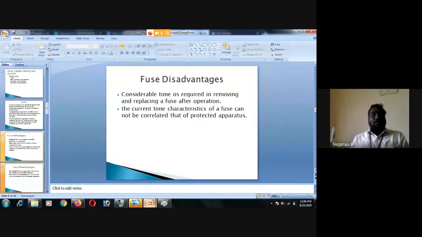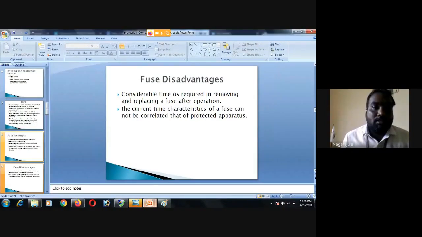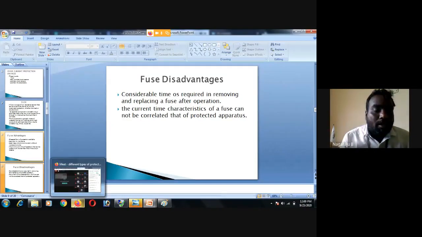And the current time characteristics of a fuse cannot be correlated with other protective devices. When you are using two fuses, at the sending end I am using one fuse, at the receiving end I am using another fuse, in between them there is no coordination, there is no correlation. Up to here I am going for the fuses.